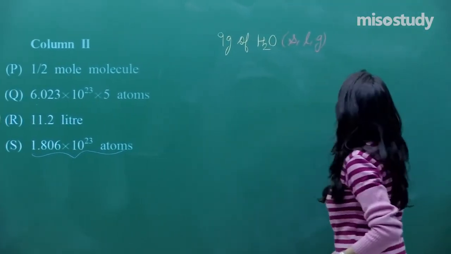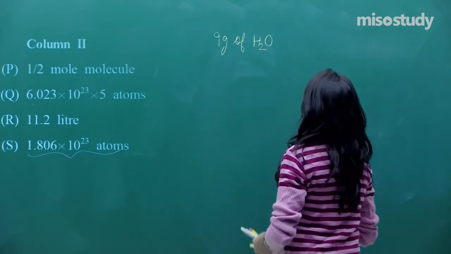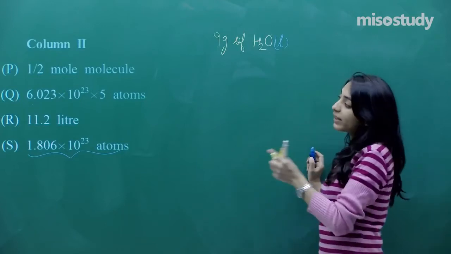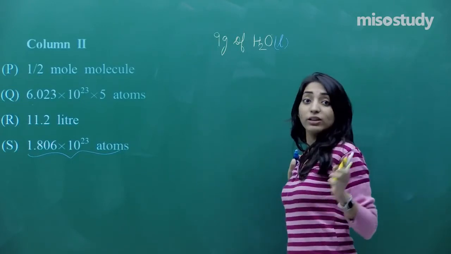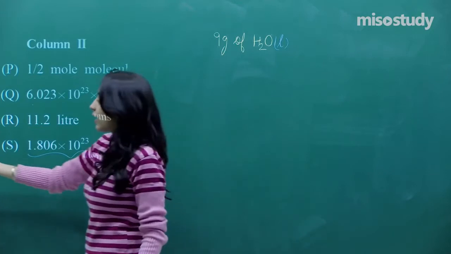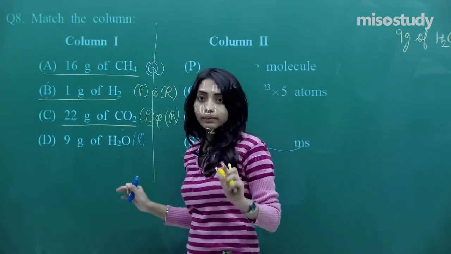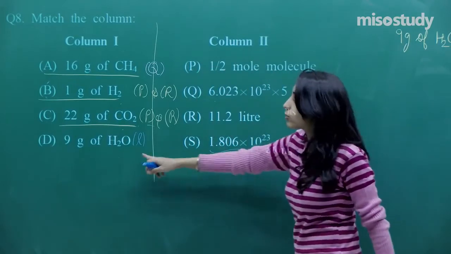So now I have water in liquid state at room temperature, because all these values are given at room temperature. It is not given in the question that 9 gram of water is to be taken at 100 degrees C or 110 degrees C. It must be taken at room temperature, so water should be liquid.